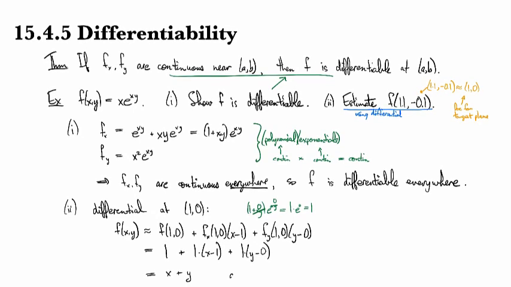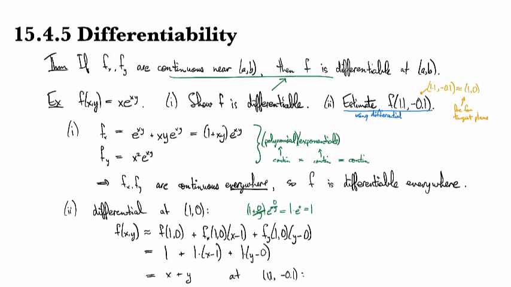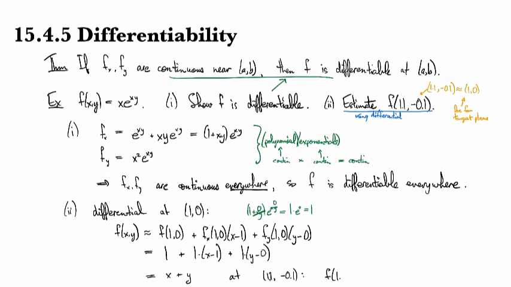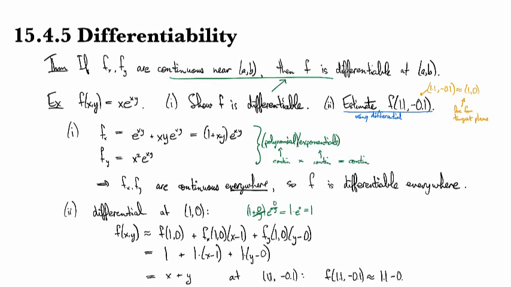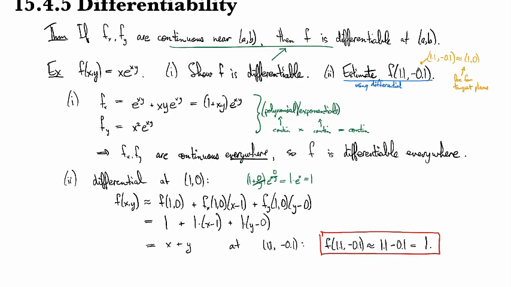So now if we look at 1.1, minus 0.1, then this is approximately equal to the sum of its arguments, so 1. Okay, and so that is our answer. That is our approximate value for f at this particular point.